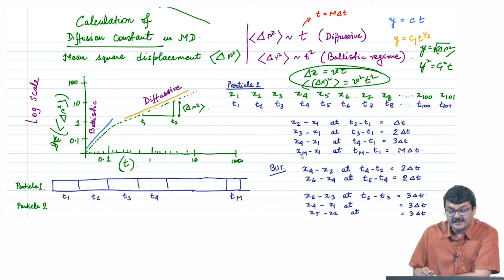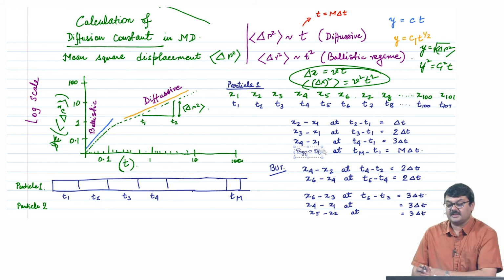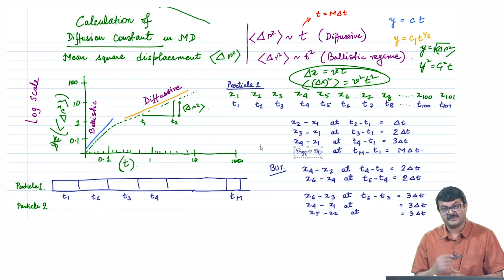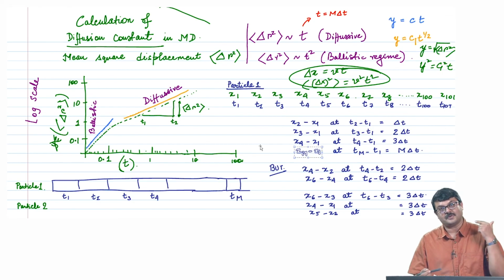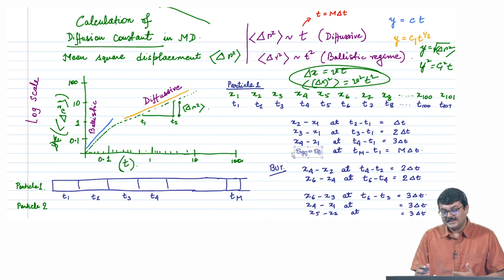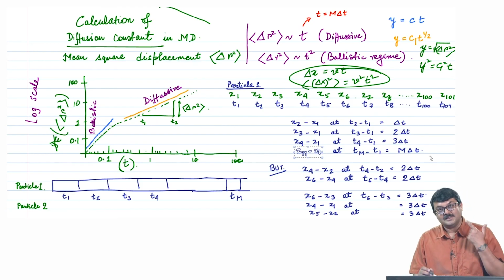If you have run the simulation for only 10 lakh, that is 1 million, iterations, then for the net displacement at a very large time you have only 1 point and you cannot average. From one particle you have only one difference.